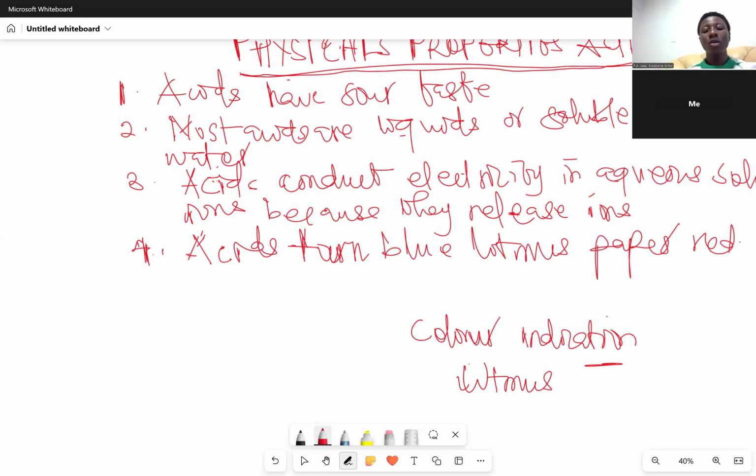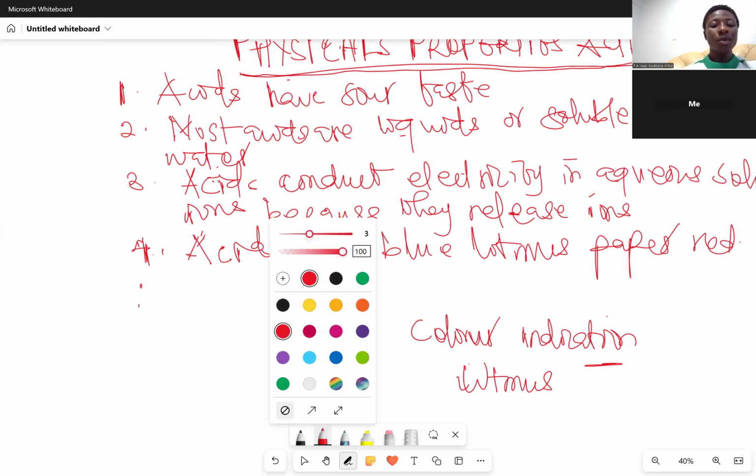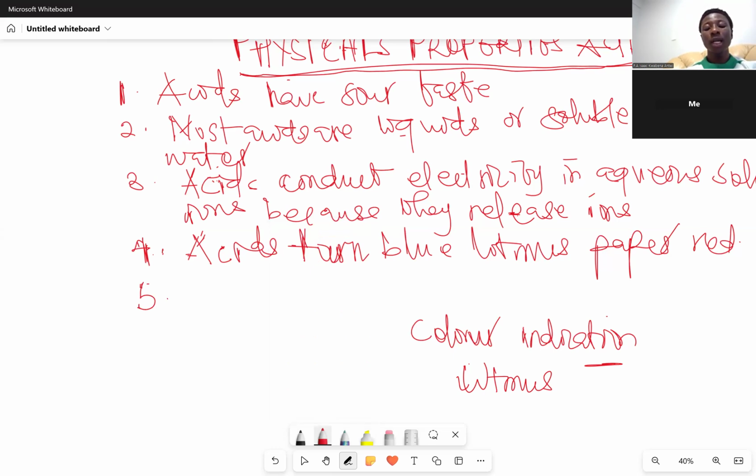Right. Let's continue. Please look through your textbook and add one more. I'm giving you a lot of work so that you can revisit your textbooks. I can't be feeding you with everything. So, number 5. I remember every assignment I give you. You do it and send it to me on WhatsApp, and I will be waiting.